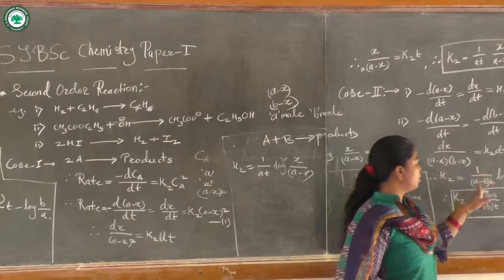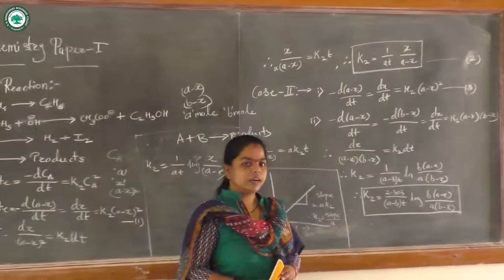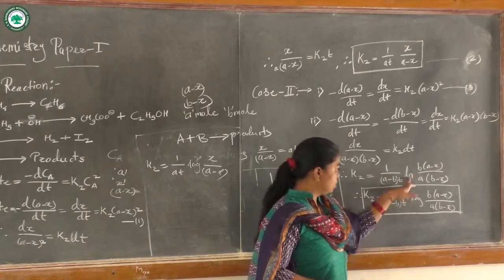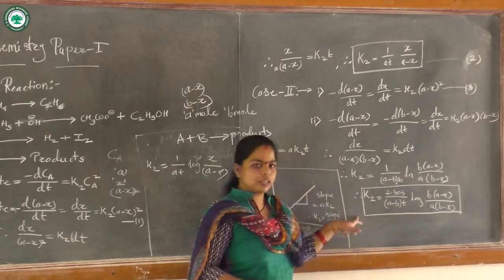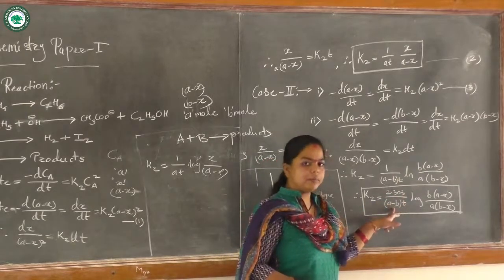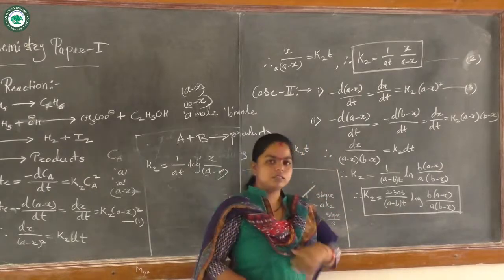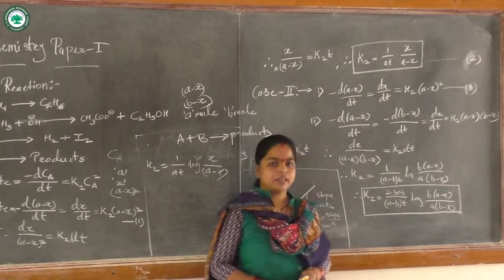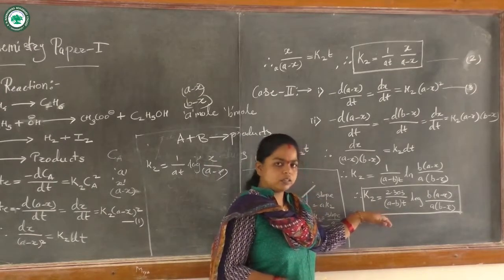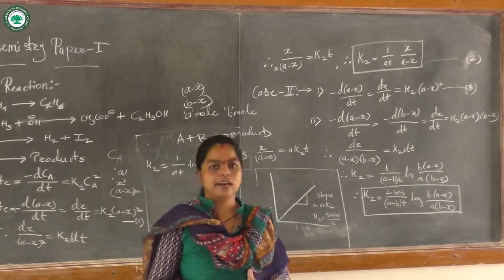K2 equals 1 upon (a minus b) into t, log of b into (a minus x) divided by a into (b minus x). By making the log to the base 10, we get K2 equals 2.303 divided by (a minus b) into t, into log of b into (a minus x) divided by a into (b minus x). So this K2 is the second order rate constant when the initial concentrations of the two reactants are different.